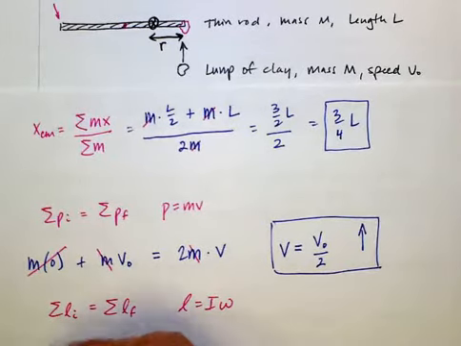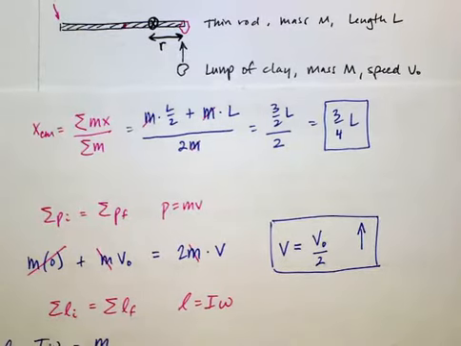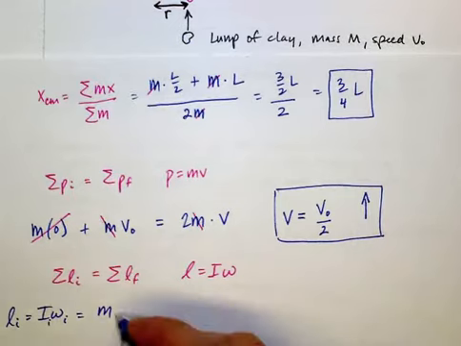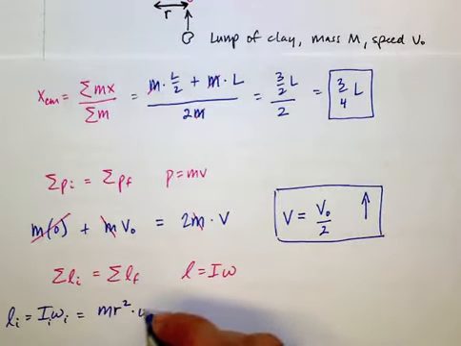So I times omega, that's the initial, will be just m times r squared times omega.